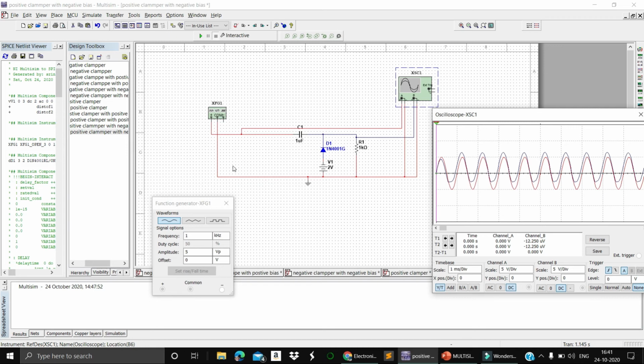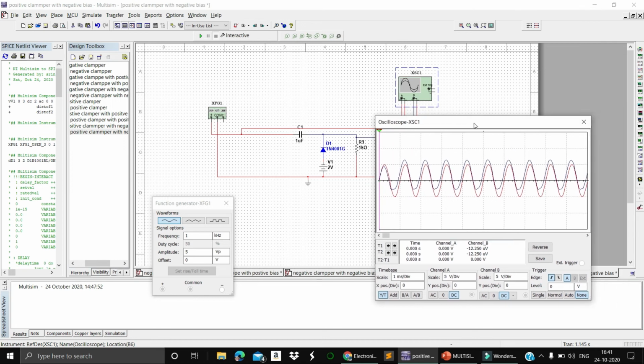It adds up to the input waveform, so 2 Vm plus Vi, whereas this is minus 2. If 2 Vm is 2 into 5, taking maximum voltage as 5, that is 10 minus 2, 8 volts. So the output should be 8 volts, correct? This should be 10 volts, and this is the 8 volts. You can notice over here.